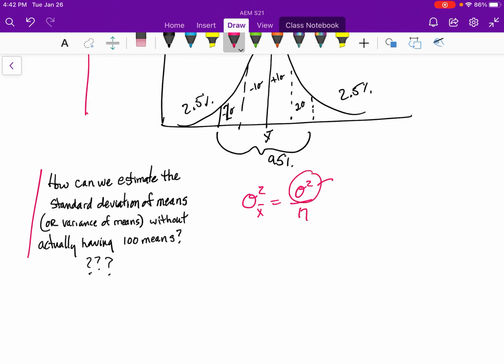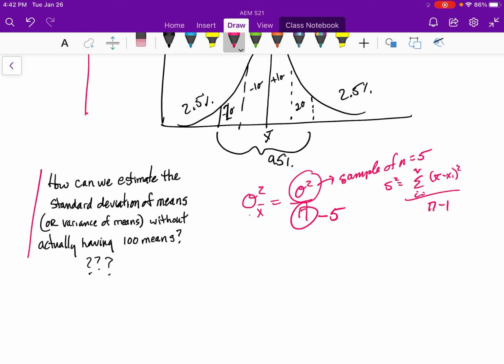I can estimate this from the sample, which is calculated as s squared is equal to the sum of i equals 1 to n of (x bar minus xi) squared divided by n minus 1, right? And I also know the size of my sample, which was 5, right? So if I have 2 samples of size 5, I can calculate the variance of the means.